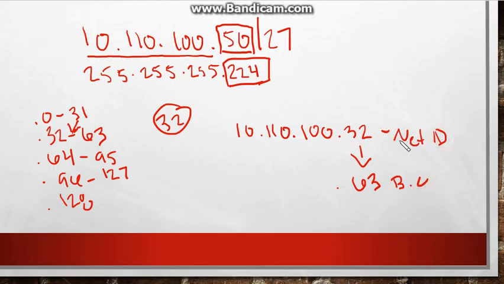There you go. One thing to remember, again: find out what the subnet mask is, find out where we stop borrowing bits, locate that octet, and if we're rotating in the second or third octet, remember to include the rest of the octets.